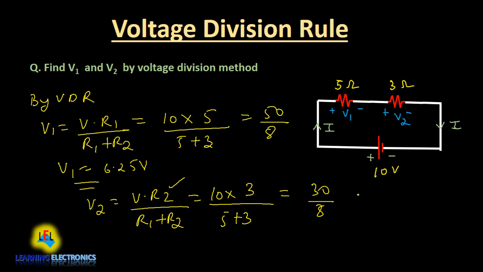So V2 will be equal to 3.75 volt. In this way we can find out the voltages with the help of the voltage division rule. So V1 here we got 6.25 volt and V2 is equal to 3.75 volt.